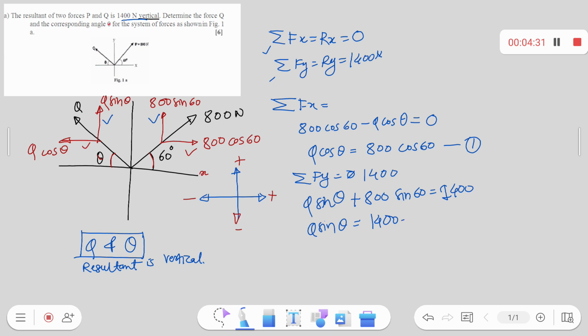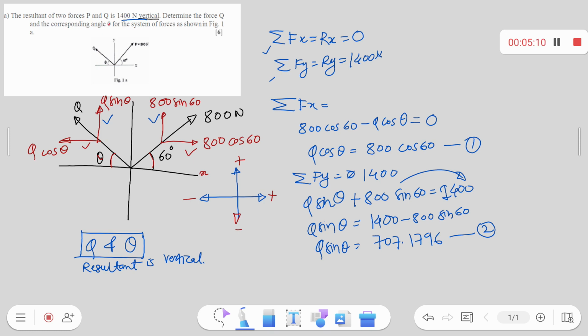If we move the 800 sin 60 to the RHS, it changes its sign, so instead of plus it becomes minus. So Q sin theta equals 1400 minus 800 sin 60. It comes to 707.1796. This is equation 2.